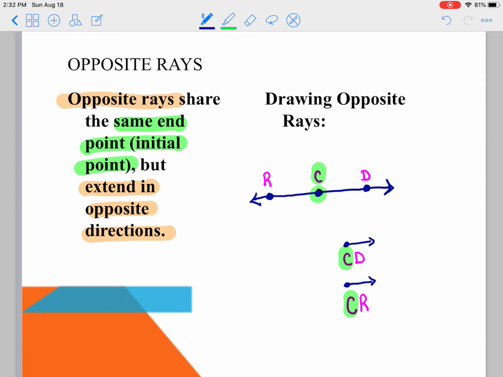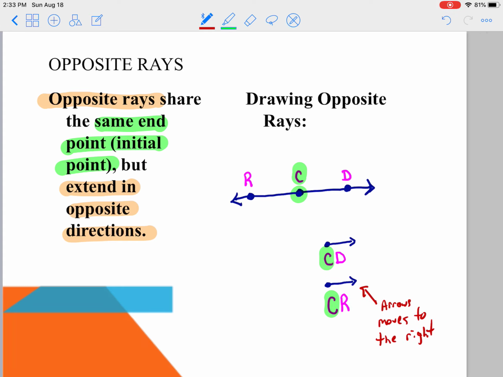But even though it's moving to the left, I still draw my arrow so that it moves to the right. So there are my opposite rays and naming them.